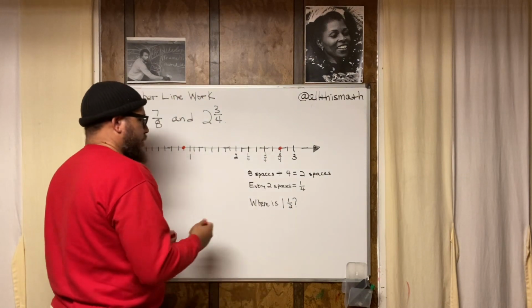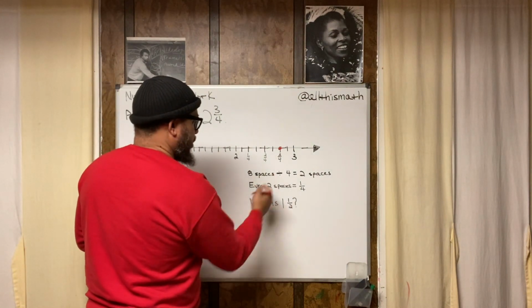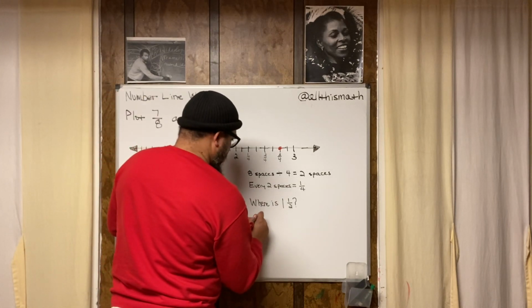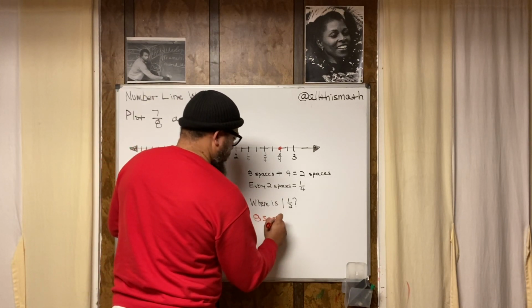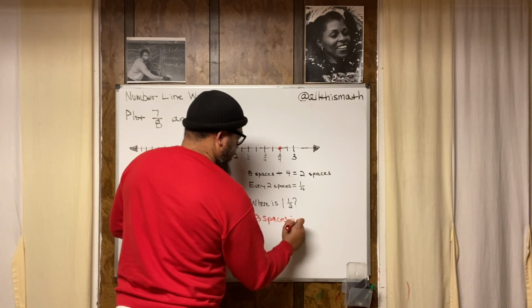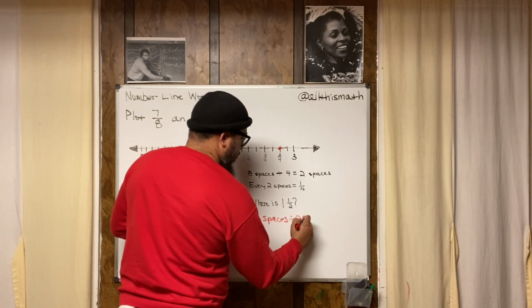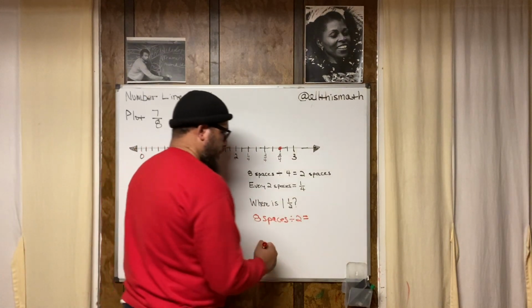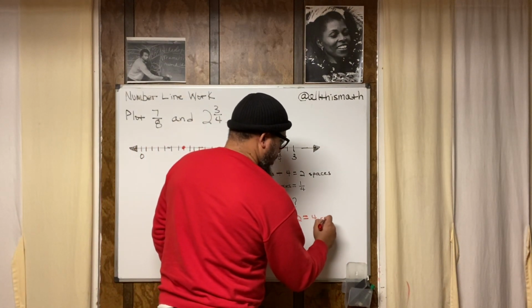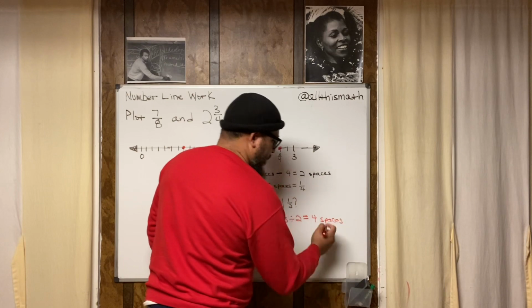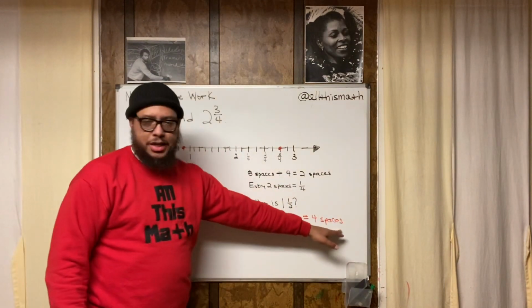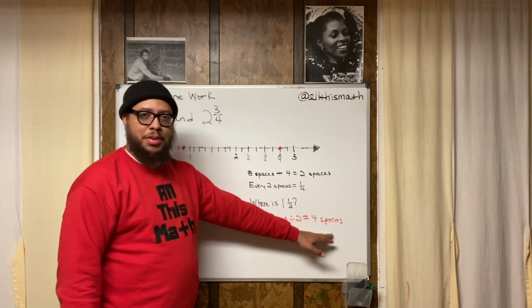So I do the same thing: 8 spaces divided by 2. And 8 divided by 2 is equal to 4. So I put my 4. That means that 1/2 is 4 spaces.